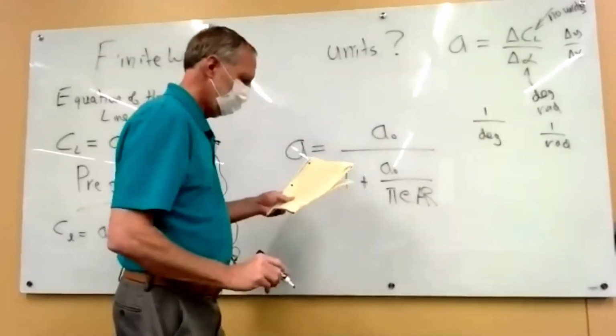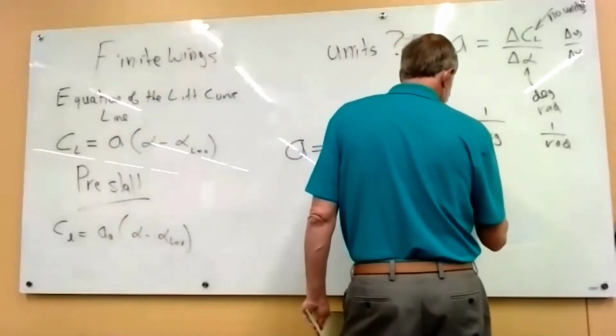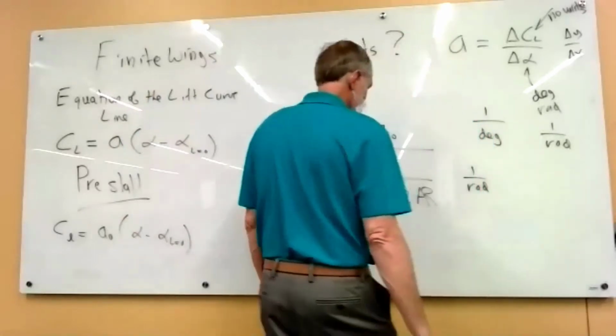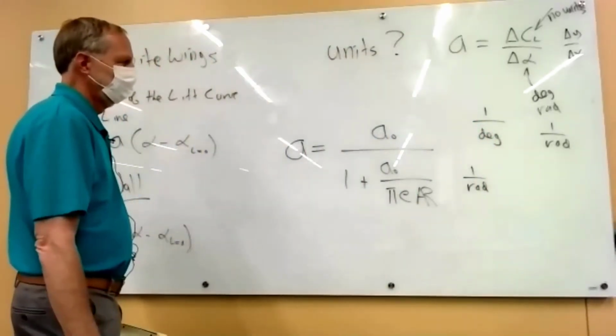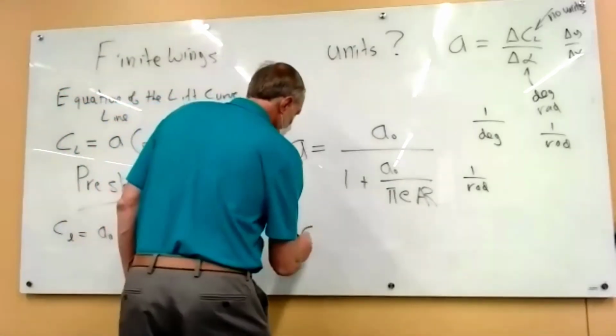So there's the formula if A0 is per radian, and then here's the formula per degree.